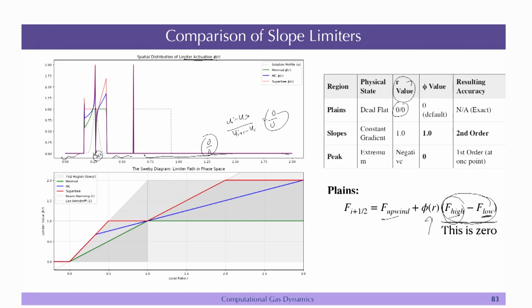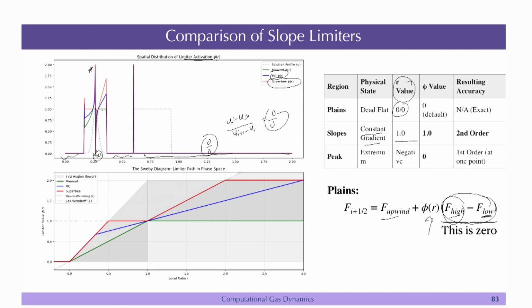And then we have this constant gradient where it can go to the value of 1. So, 1 is the value that we have used here in the case of super B, and even MC, it can go to a very high value up to 2 at some point.